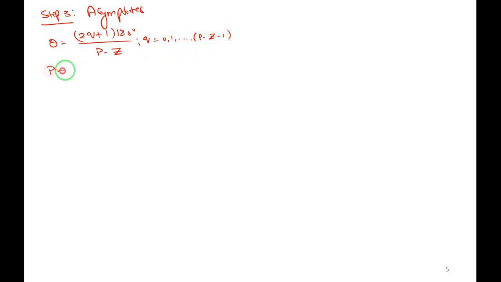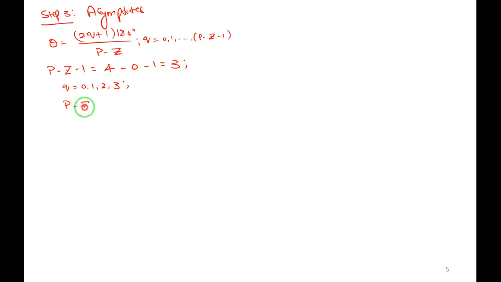So what is p minus z minus 1? We'll find out. So p is 4, z is 0, and so it is 4 minus 1, which is 3. So q can take values 0, 1, 2, 3, because it runs till p minus z minus 1, which is 3.